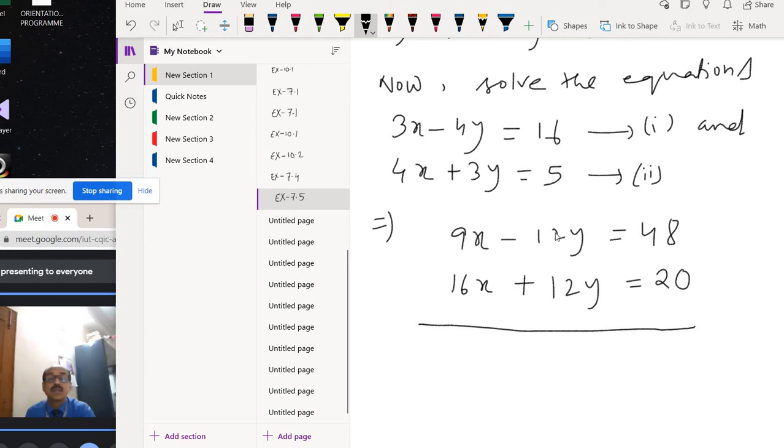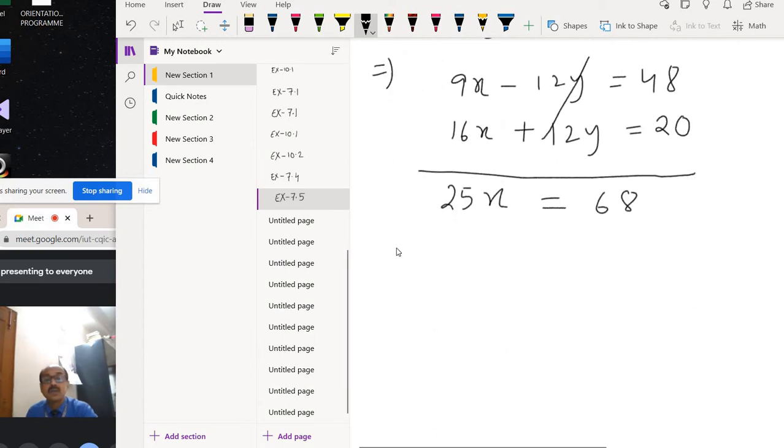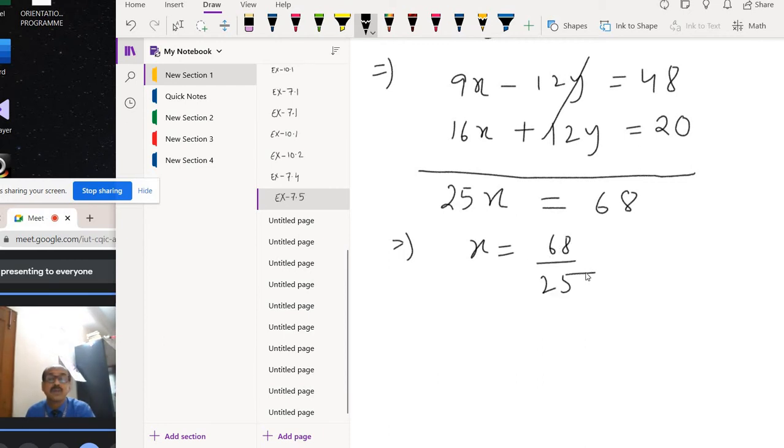So plus 12y and minus 12y cancel. By adding 16 and 9, 25x equal to 68. Clear up to this? So x is equal to 68 by 25.